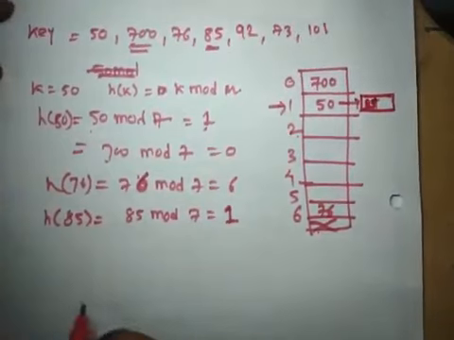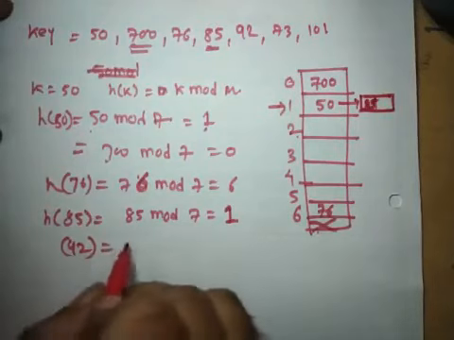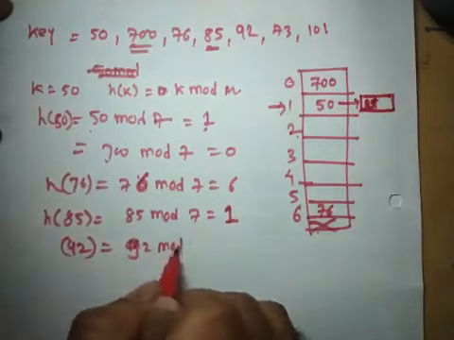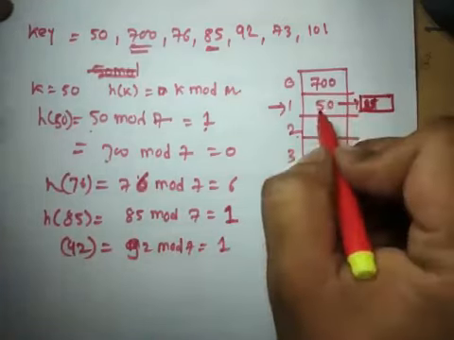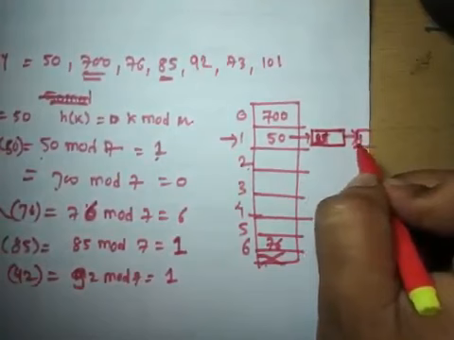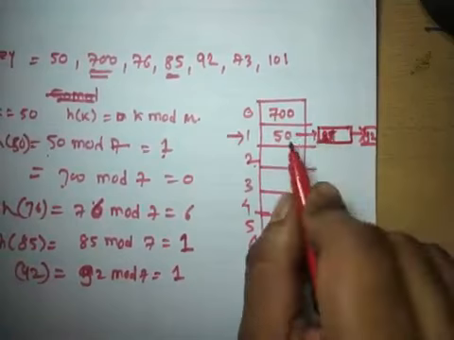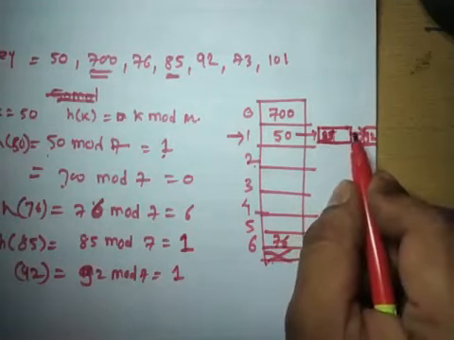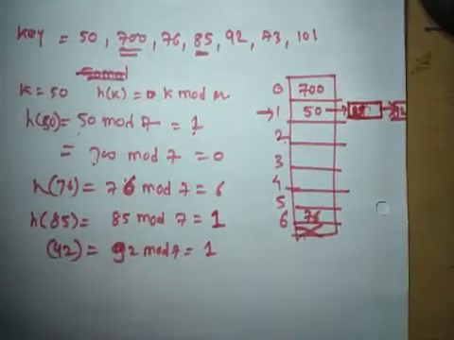Now let's take 92. 92 mod 7 is again 1, but index location 1 is filled, so we continue with a new link and store 92 there. In this way, in chaining, we simply generate a link, and at that link we put the value. So this is what chaining.